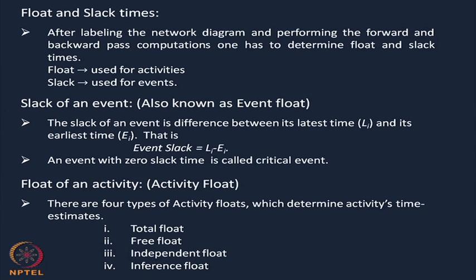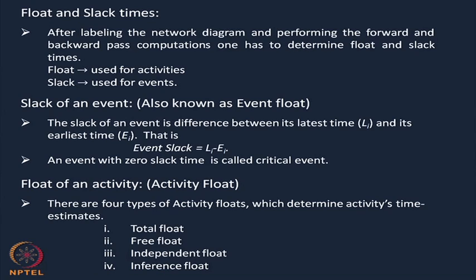The slack of an event is the difference between the latest time Li and its earliest time Ei. So Li minus Ei, whatever the difference, we call the event slack.